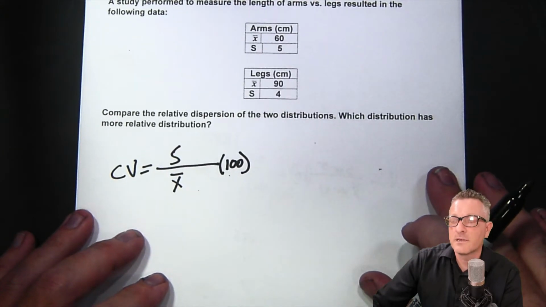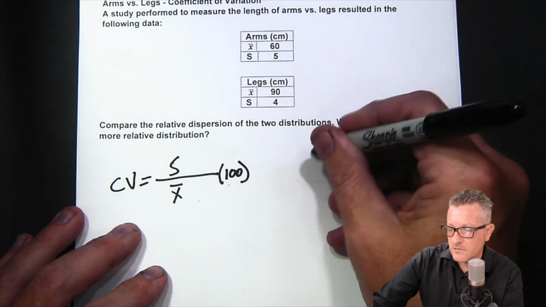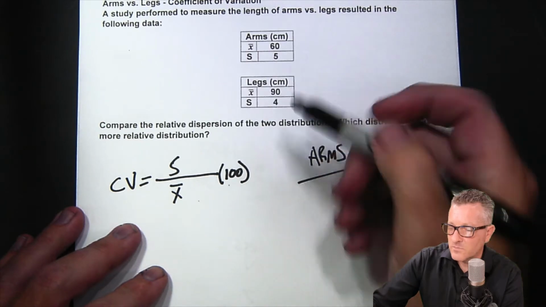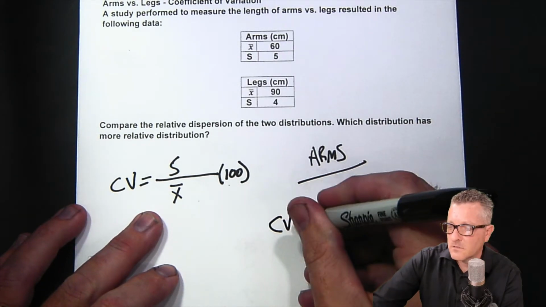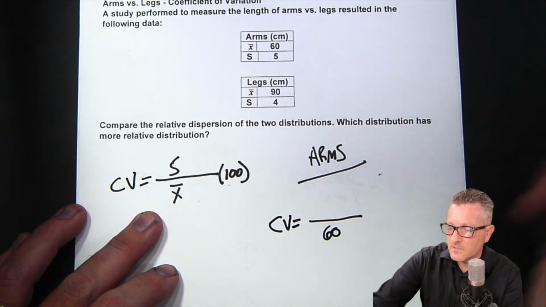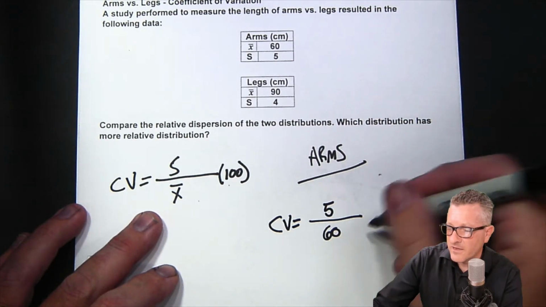Make sure I'm all lined up. So for the arms, the mean goes below and the standard deviation is above. Then we multiply it by 100.